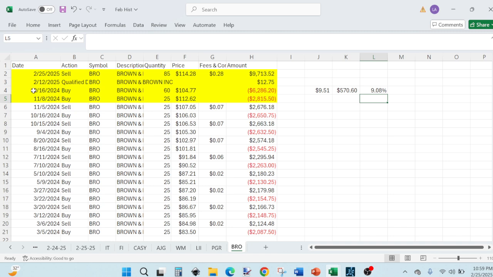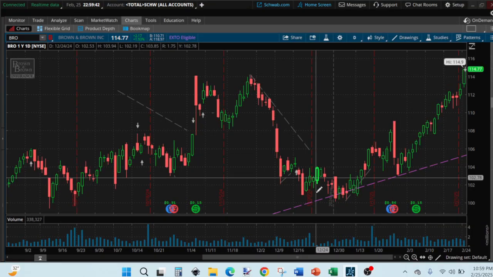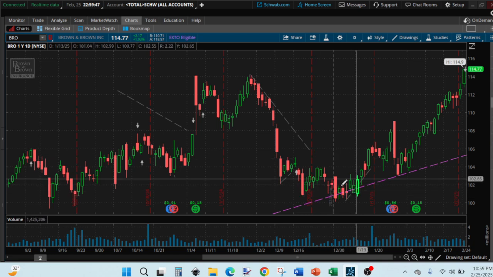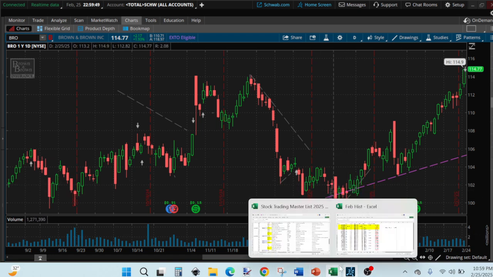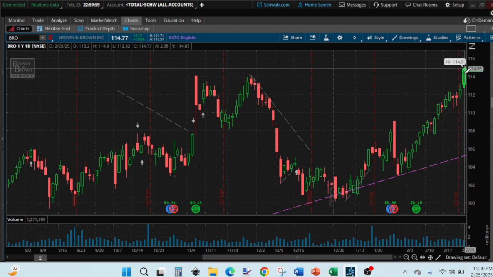So between November and December is about a month, a week or so between the two. So when we purchased it here, it took about a month to come down here, and we bought it again. But yeah, this is just to brainstorm on BRO and analyze how it behaves today.